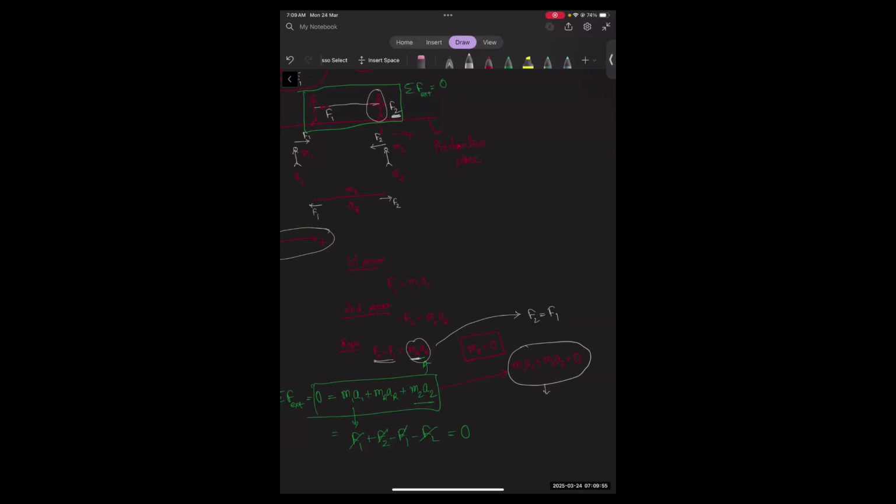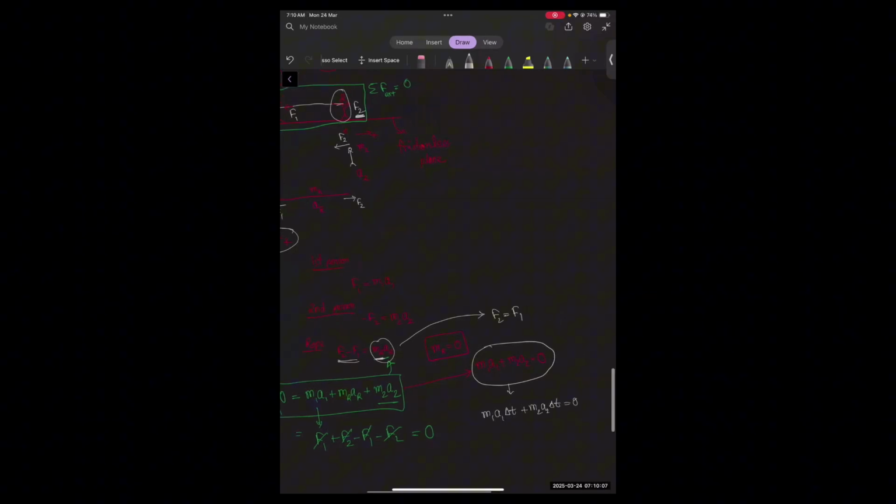Let's multiply both sides with time. Then you get m1 a1 delta t plus m2 a2 delta t is equal to 0. But a1 delta t is actually change in velocity, and a2 delta t is actually change in velocity as well.